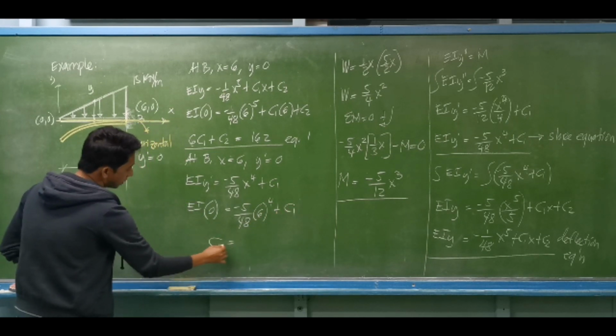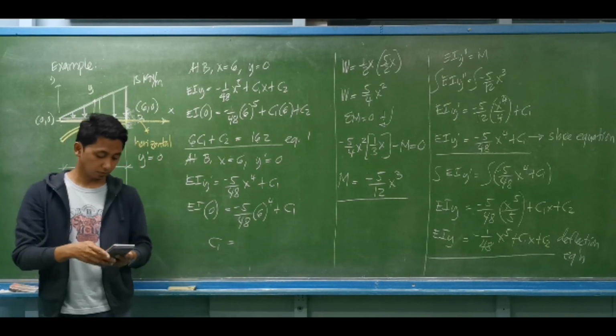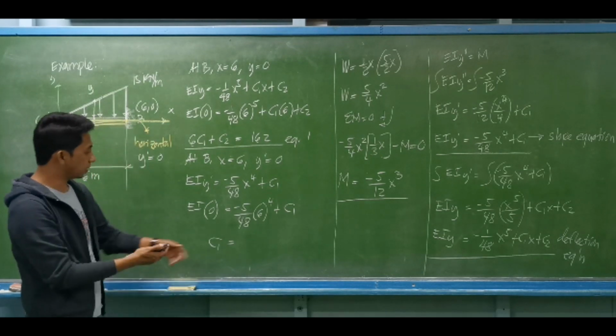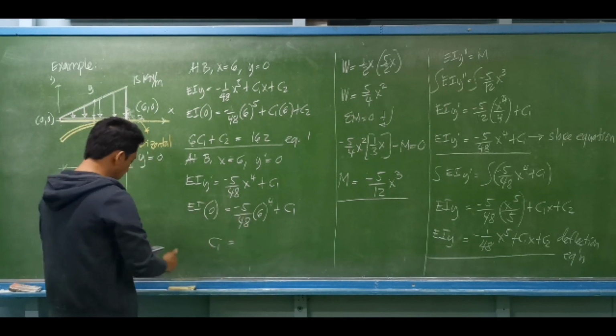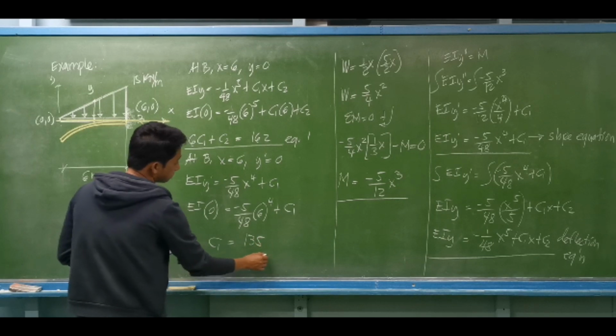So first thing to solve is the first arbitrary constant, c sub 1. So that will be negative 135, then transpose, which means this is positive 135. Alright?